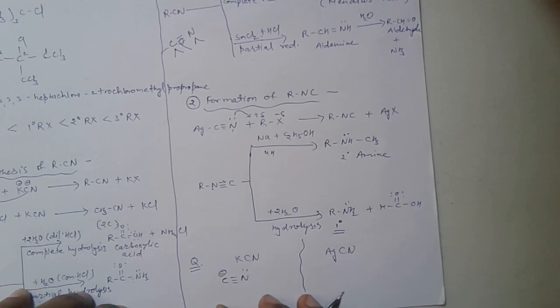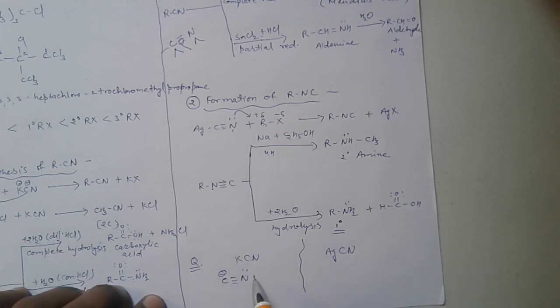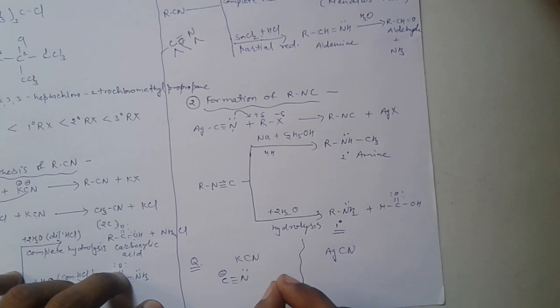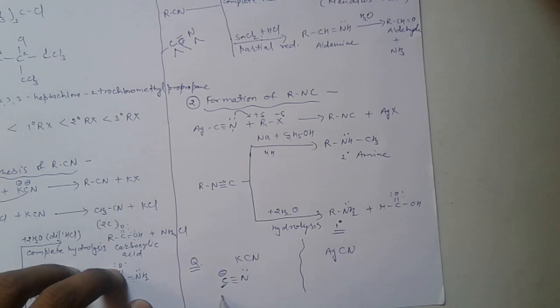It is an ambidentate nucleophile, very important. In cyanide ion, carbon and nitrogen have the tendency to donate an electron pair but attack occurs from carbon, because carbon-carbon bond is more stable than carbon-nitrogen. Therefore, potassium cyanide gives alkyl cyanide.